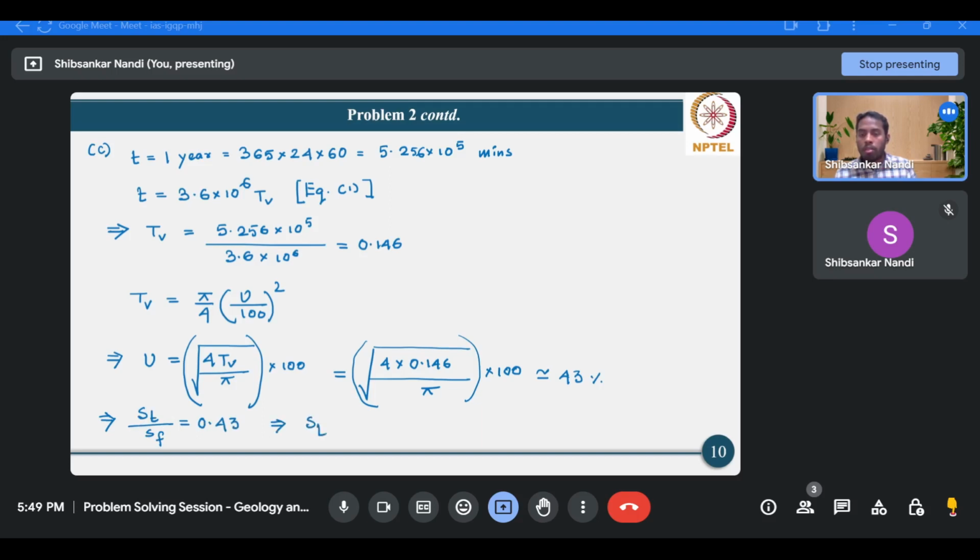Therefore ST will be 0.43 multiplied by SF, or 0.43 multiplied by 8, that means 3.44 centimeter. This would be the expected settlement after 1 year. So ST is 3.44 centimeter. This is the answer.